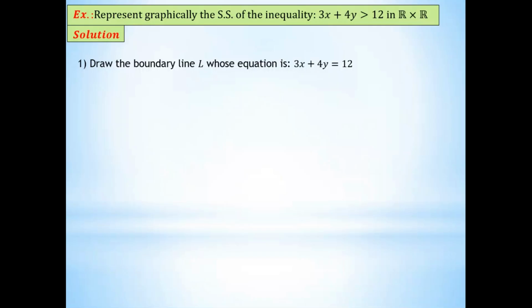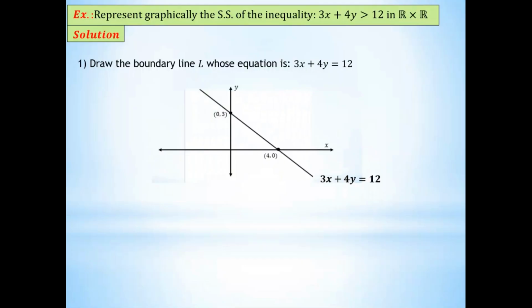Put x equal 0, y equal 3. Put y equal 0, x equal 4. So (4, 0) is a point and (0, 3) is another point. Plot these 2 points and connect them, and you get the line 3x plus 4y equal 12.